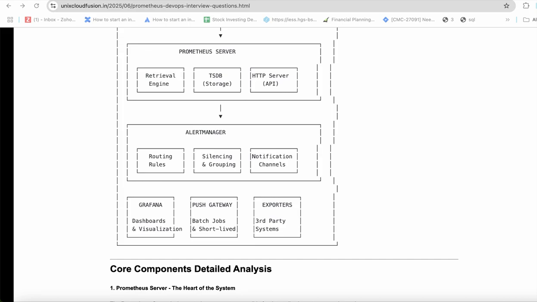And when we talk about grouping, we can group several alerts together which belong to, suppose, a particular application. If different servers belong to the same application, we can group them under one group like this. This reduces your notification noise, because now it will not send out a huge number of notifications for each instance and stuff like this. We can configure the grouping criteria using the alert grouping.